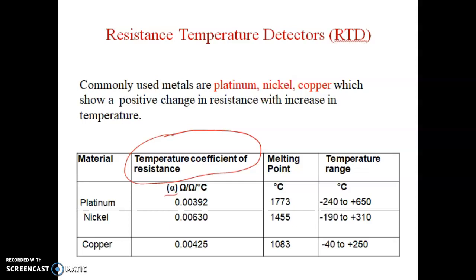That means change in resistance per unit resistance per unit variation in temperature. For platinum it is 0.00392. That means platinum has a resistance change of 0.00392 ohms per ohm per degree rise in temperature.